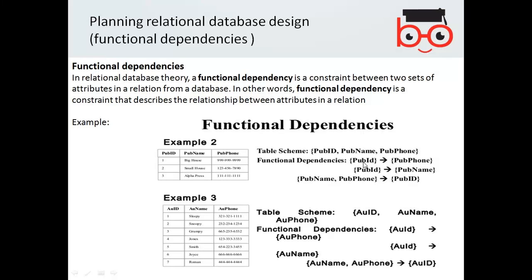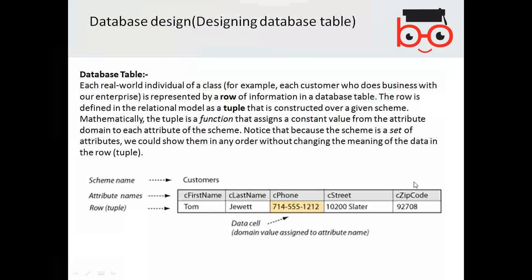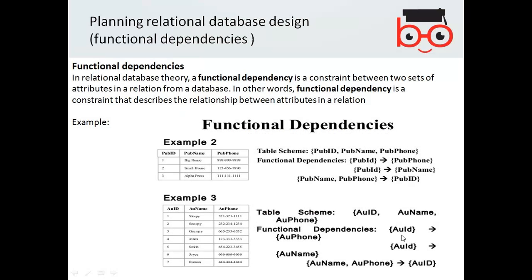Publisher name and phone number depend on the publisher ID. In the same way, the author phone number is dependent on the author ID, and the author name is dependent on the author ID. So functional dependencies are termed as one field depending on another field.